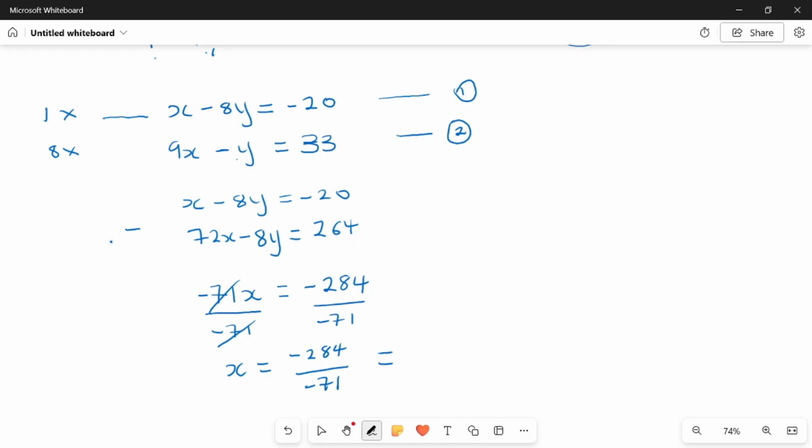Minus cancels minus and becomes plus, so our value will be positive, and we'll have 284.